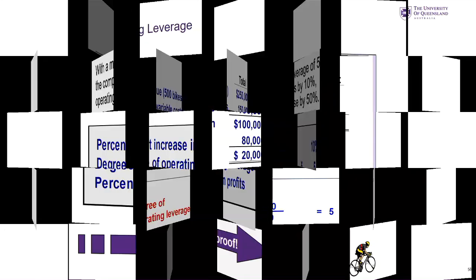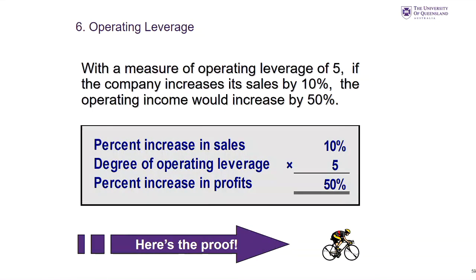It's really useful because if we know the percentage change in sales, we can use operating leverage to calculate the change in profit. So here, in this example, we're saying the company increases its sales by 10%. We've already calculated the operating leverage, so we know that the percentage increase in profits will be 50%. So that's quite a useful thing to be able to tell a manager.